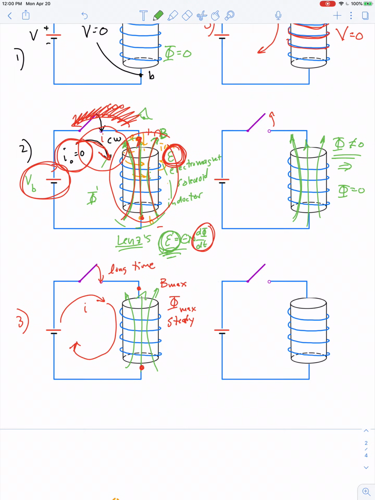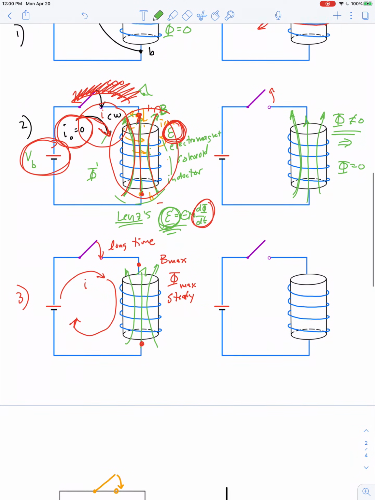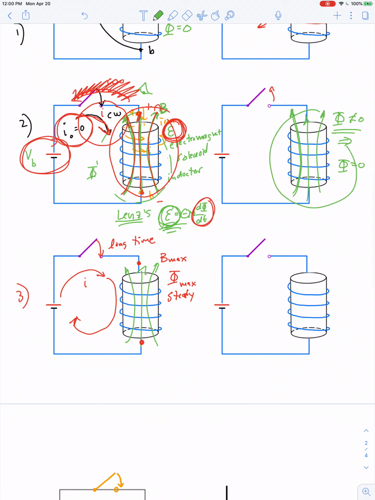So just before we open that switch up, current was flowing in a clockwise direction. And so the inductor is a device that says, wait a minute, I don't want there to be any change in the amount of magnetism passing through the coils.